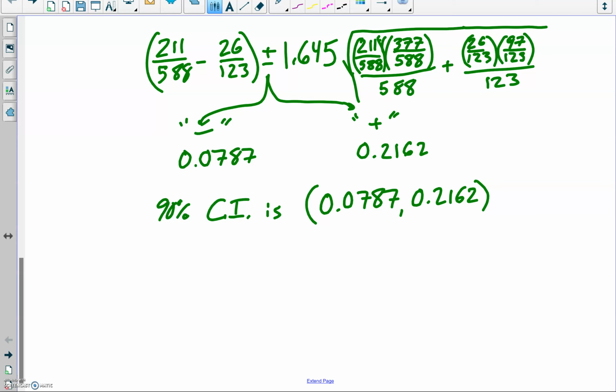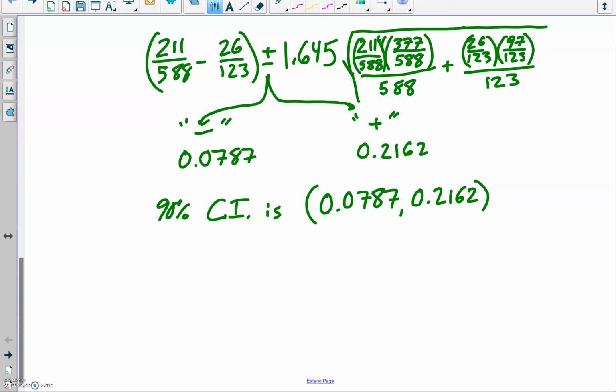So I don't know if this is one of the good ones, one of the 90% good ones, or if it's one of the bad ones. But 90% is a pretty strong chance of getting a good one. So we're hoping that this is one of the good ones.